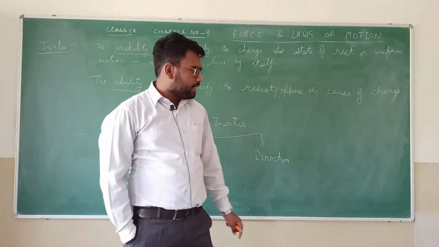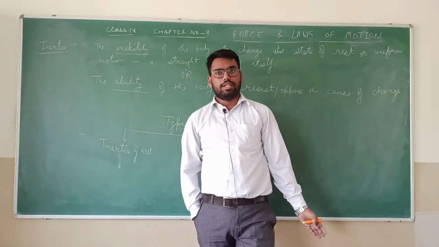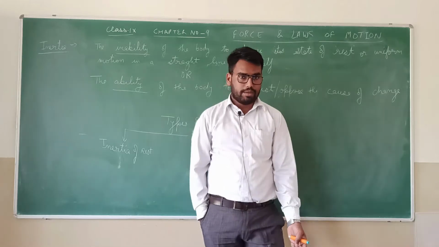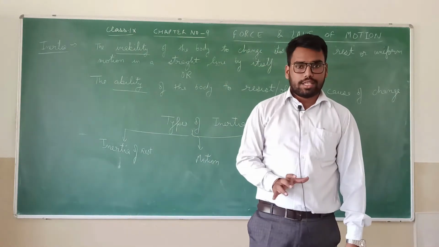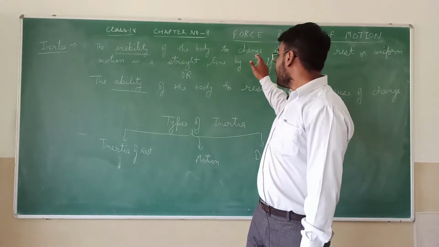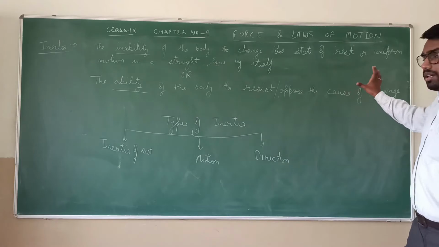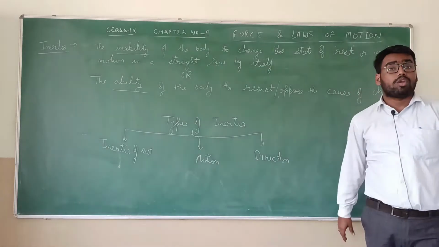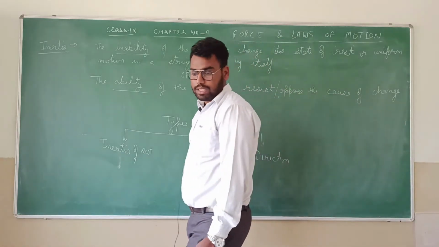You can take the example of the walls, the benches, the tables, the sofas, the bed. If those are at rest, they will remain at rest. No matter how long you wait, your bed will not move by itself. You have to move it by applying some force.